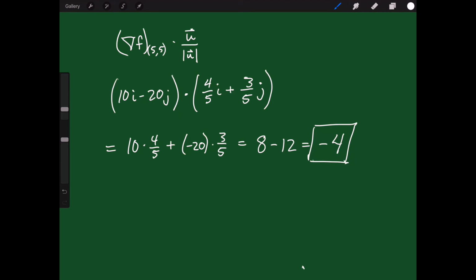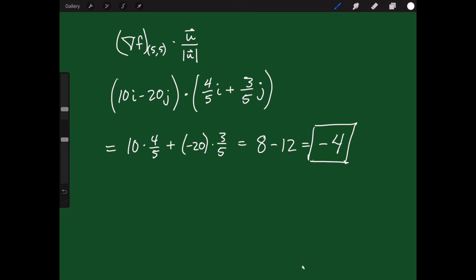Okay, and so now it's good to go back and ask the question, so what is negative 4? What did I just figure out here? Negative 4 is the rate of change of this function in the direction u at the point 5, 5.